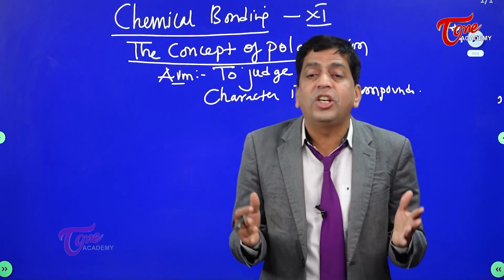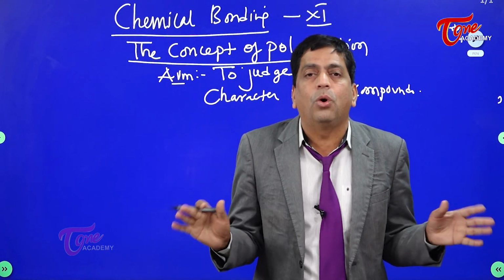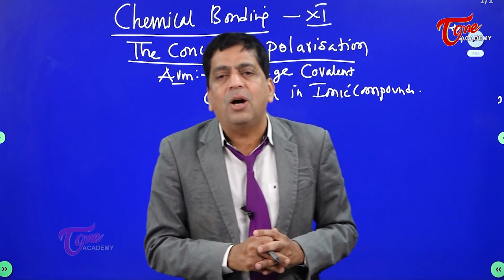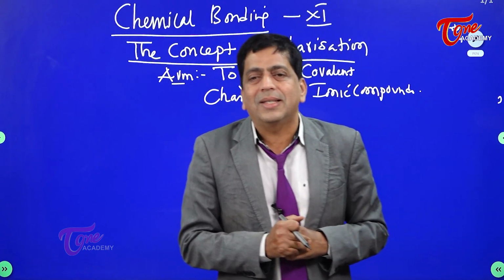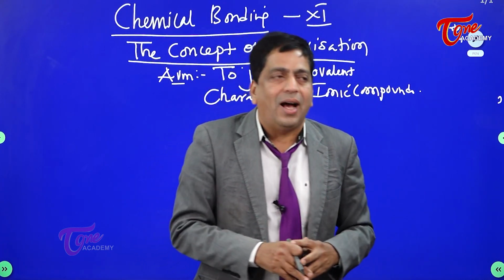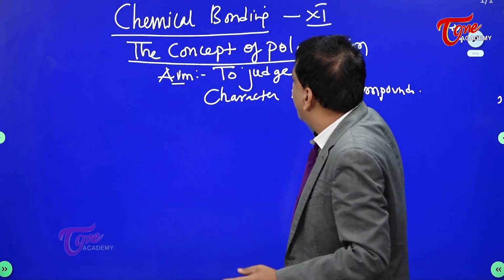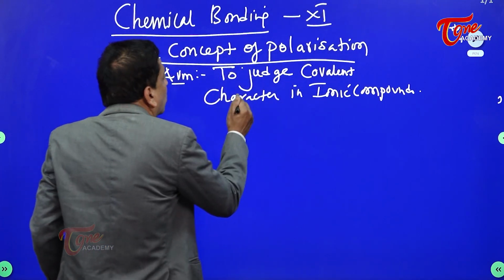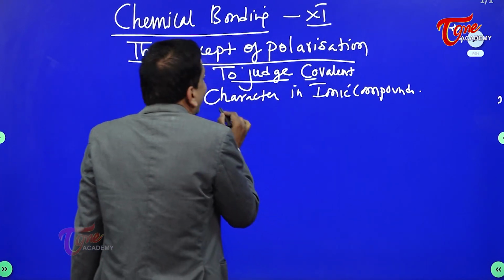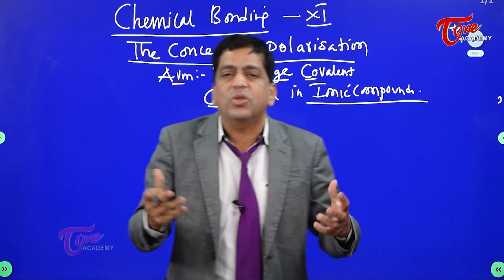Then if you ask me what the issue is, well, you have ionic force, but why are some compounds, in spite of being ionic, showing covalent characteristics? For that, I'm providing an explanation to you, the concept of polarization. The concept of polarization is presented because we need to judge covalent character in ionic compounds.